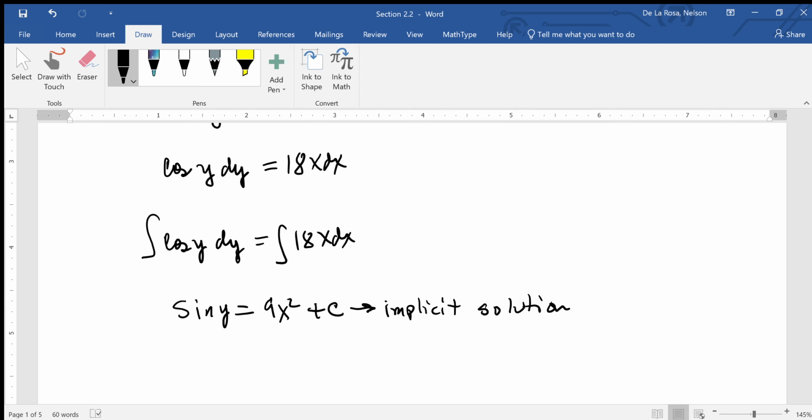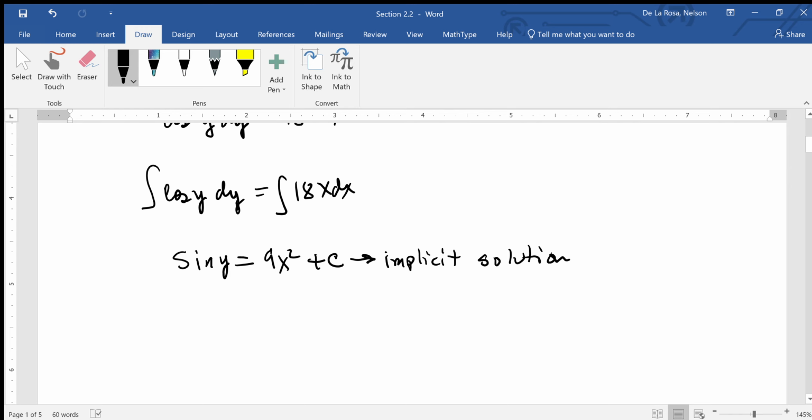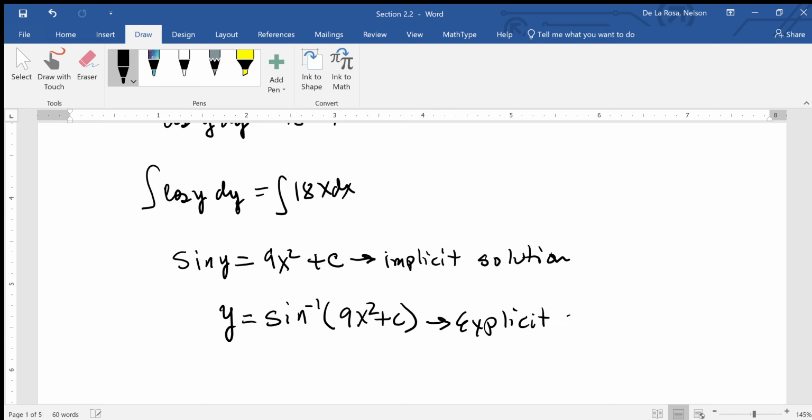So what we can do is isolate y by y equals sine inverse of 9x squared plus c. And then we're done. This is the explicit solution as y is isolated.